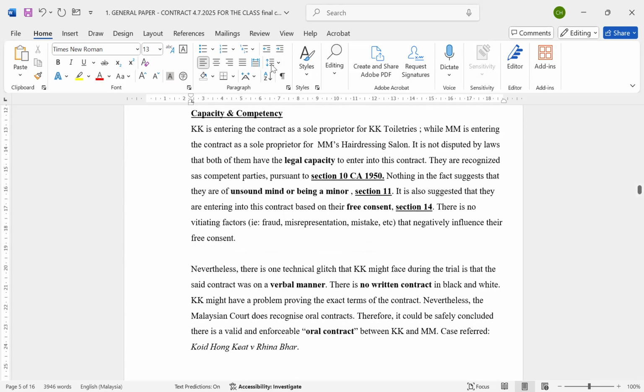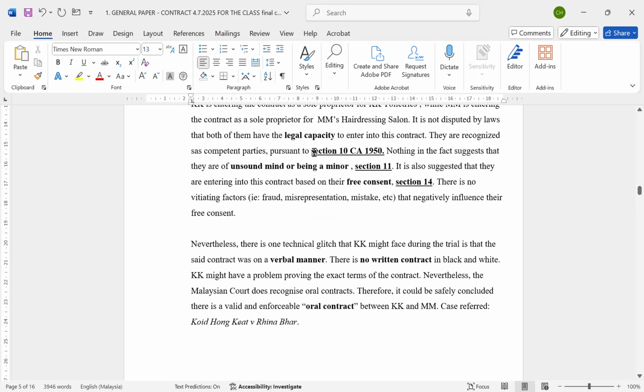Okay, so in which to say, from the background of the facts given, KK is the sole proprietor for KK Toiletries, while MM is entering the contract as the sole proprietor for MM's hairdressing salon. So this is not disputed under the law that they both have legal capacity to enter into this contract and they are recognized as competent party pursuant to Section 10 of Contracts Act.